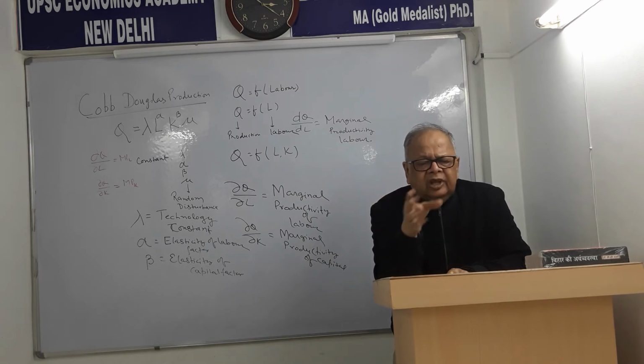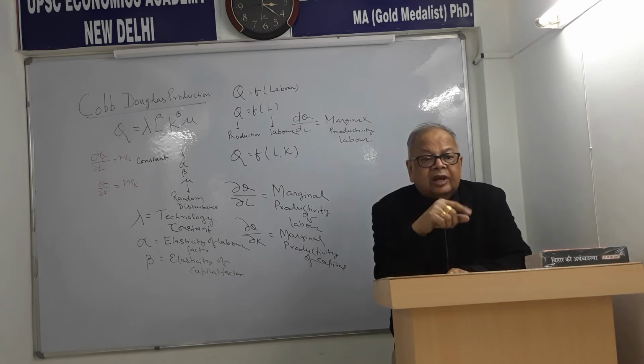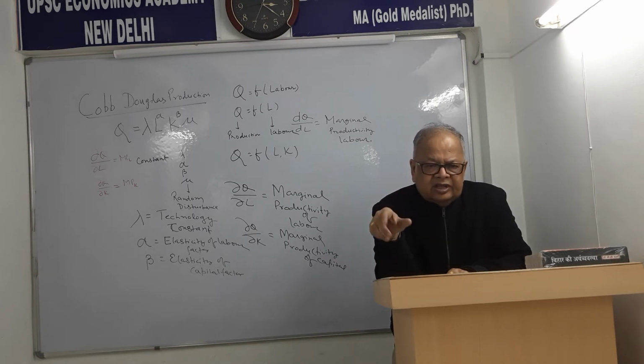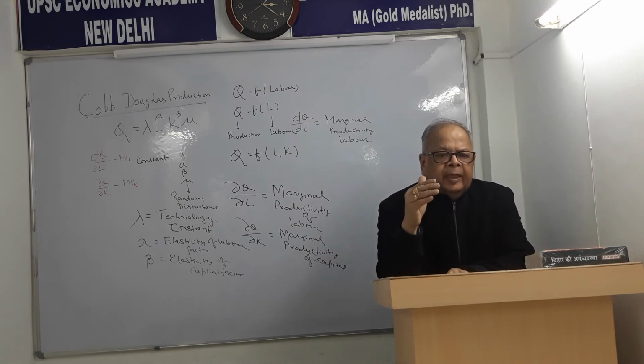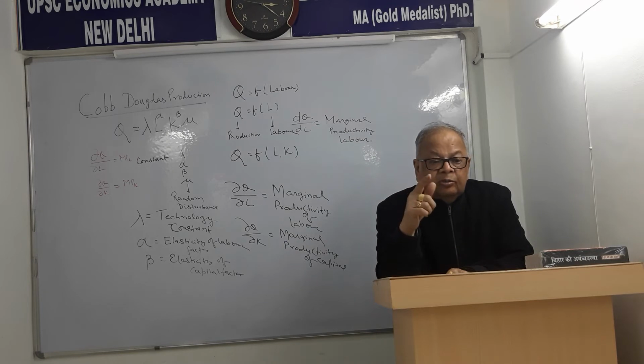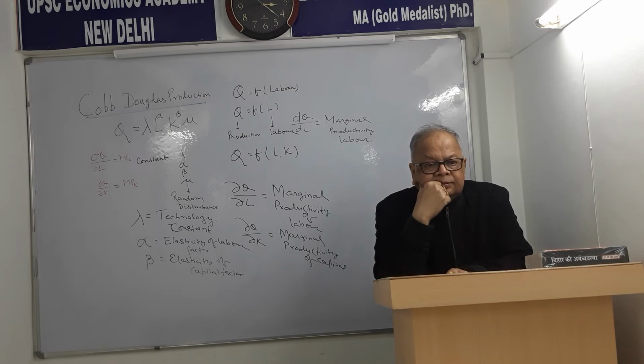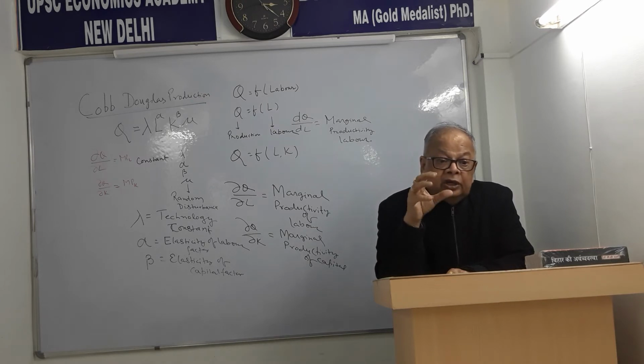Production will increase in all three stages. In all three laws, production will increase, but exactly by the proportion, more than the proportion, or less than the proportion. So if 10% labor is increased, production increases, but by less than 10%, because diseconomies are greater than economies.